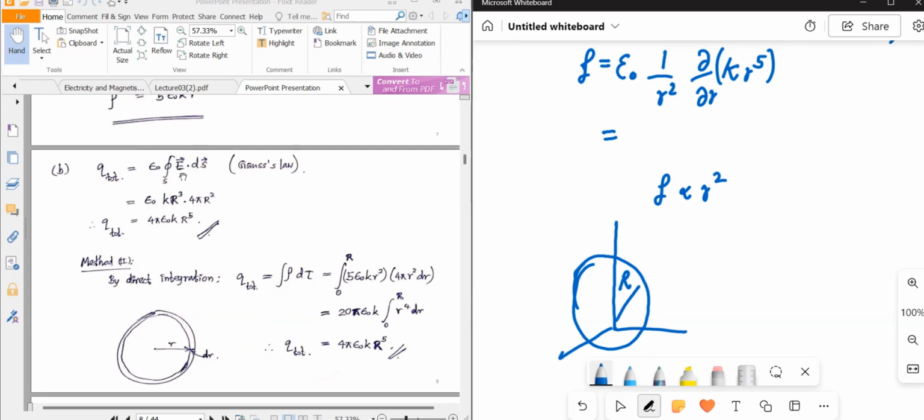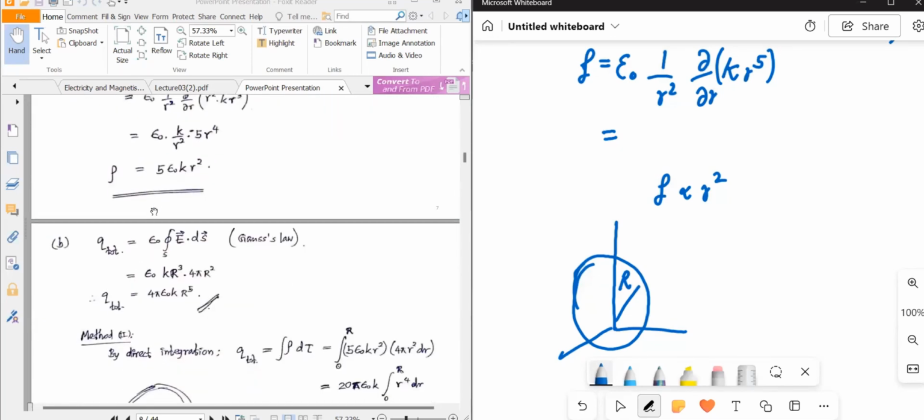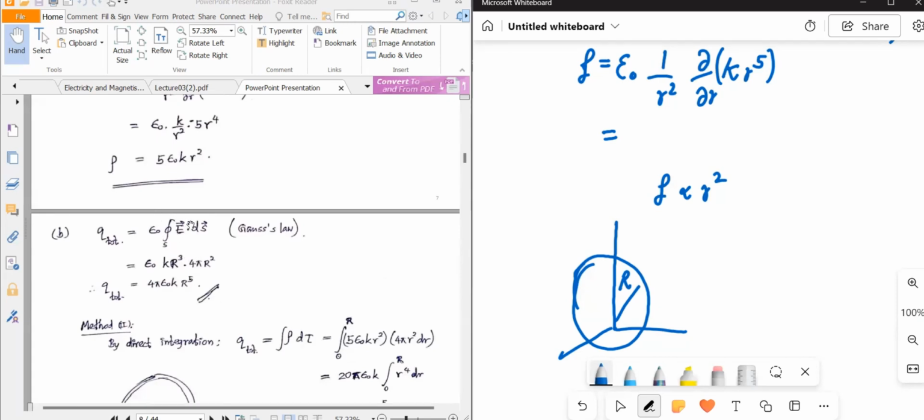So now we know this E, it is equal to K R cubed, and we can take the surface of the sphere, so that is going to be 4 pi r squared. Then the total charge enclosed by this sphere with the radius capital R is going to be 4 pi epsilon naught K R to the power 5.